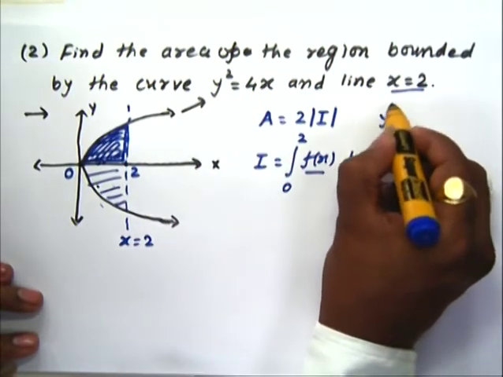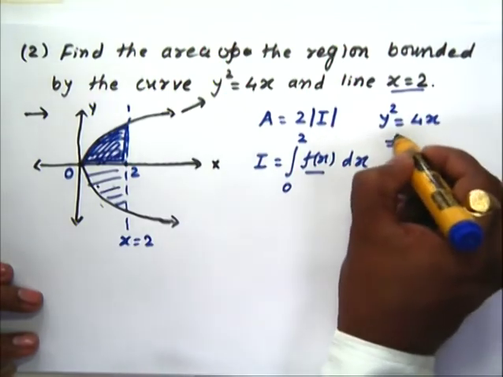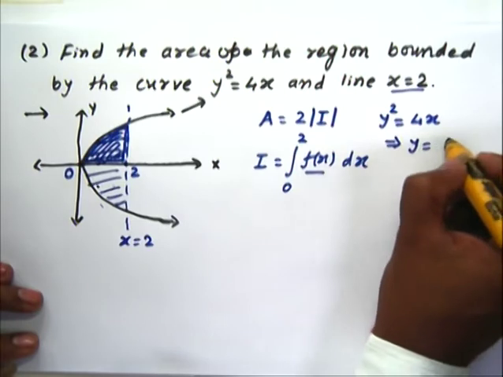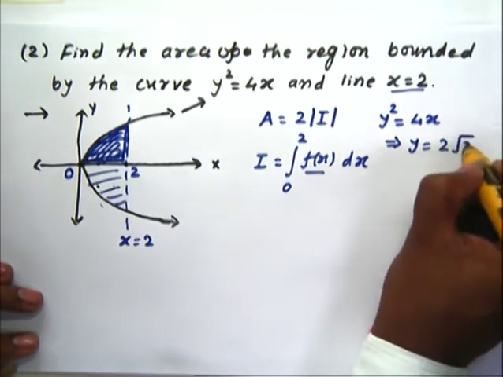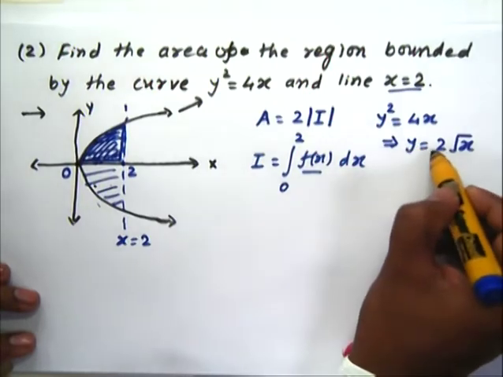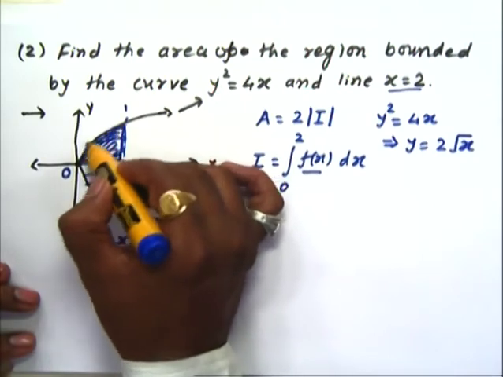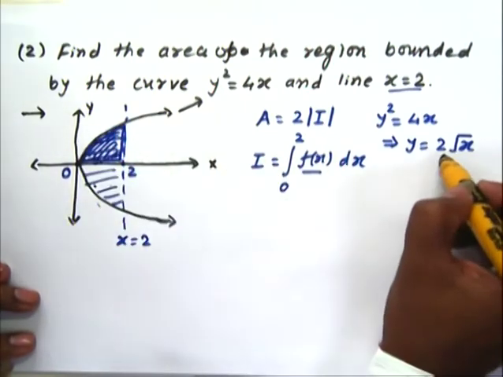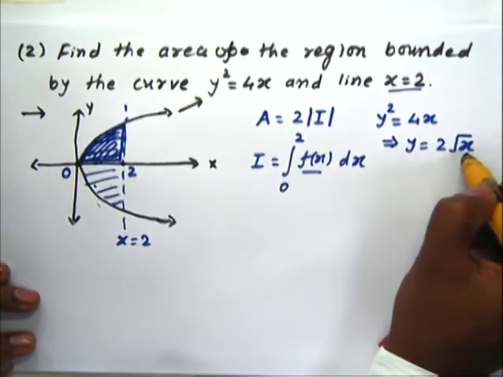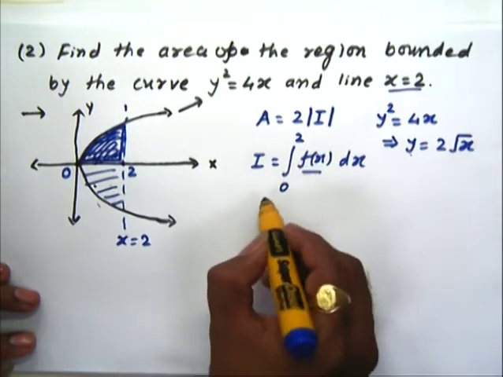So y square equal to 4x implies y equal to 2 square root x. We have taken y as positive because this is in the first quadrant, and in the first quadrant x and y both are positive. So we have written this positive.